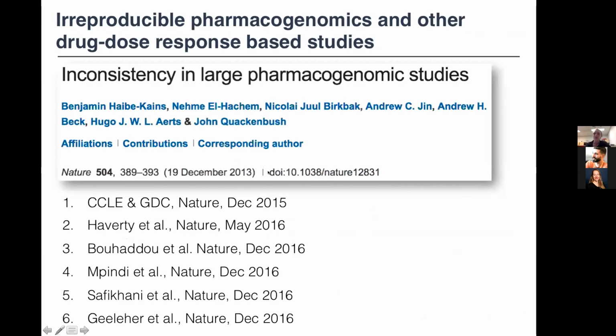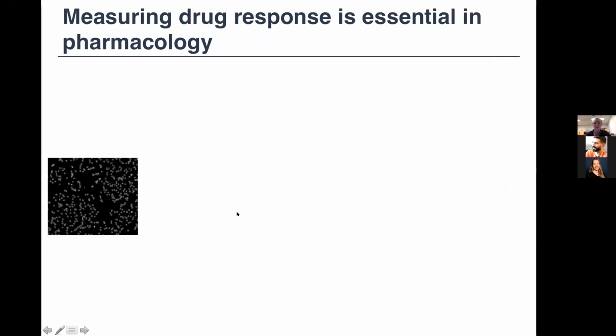About 5 years ago, a number of papers came out that called into question some inconsistencies observed between some very large pharmacogenomics studies, looking at many cell lines and many drugs. We've highlighted one here, but there's a whole list of references that address some of these concerns, or at least announce them to the community.